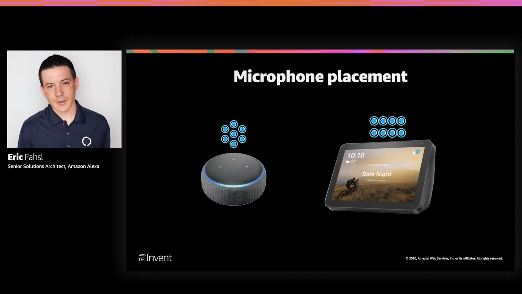For those microphones, you need to figure out where you're going to place them. For something like an Echo Dot or an Amazon Echo, it's circular because it can accept audio in all different directions. But if your device has a screen, more than likely your customer is going to be talking to the device from in front or next to the screen, probably not behind, so something like a linear array is going to be just fine.